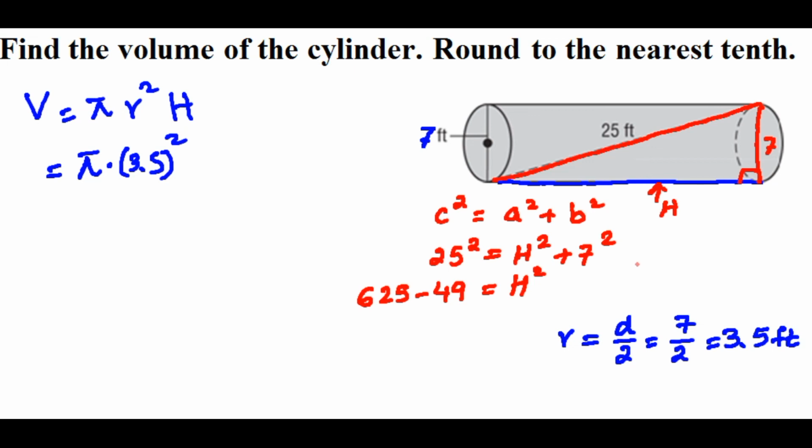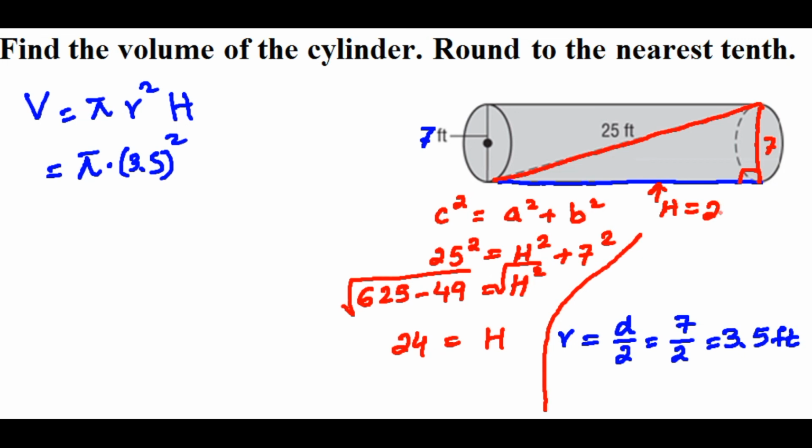Then when you take the square root of both sides, h is going to be equal to 24. So this height is equal to 24 feet. You have to just do this extra working before we use the volume formula.